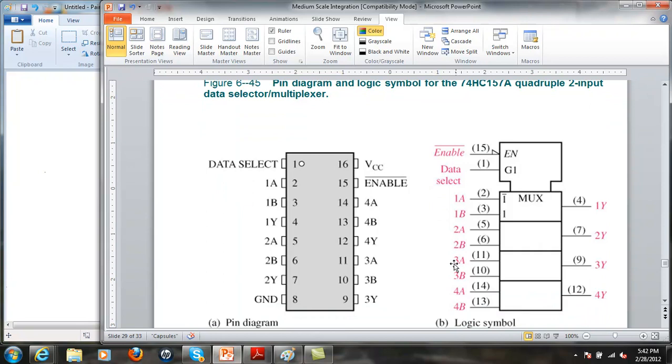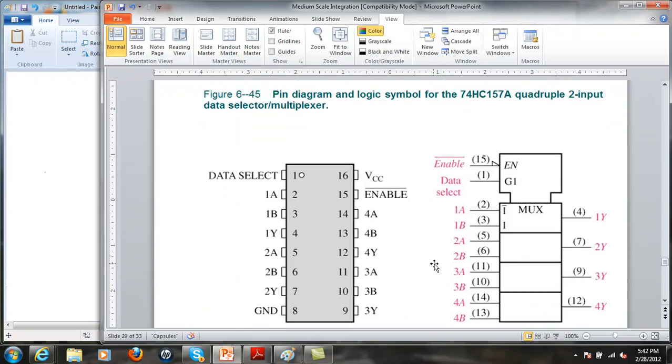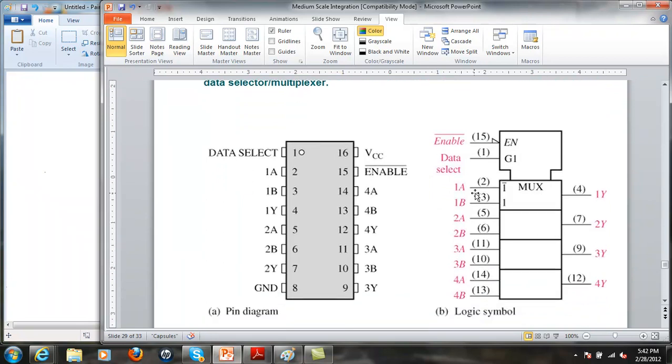And then there are different configurations for multiplexers. In this particular case, I have 2 select pins, and then there are effectively 4 dual input multiplexers.